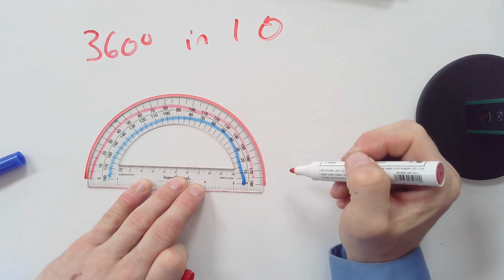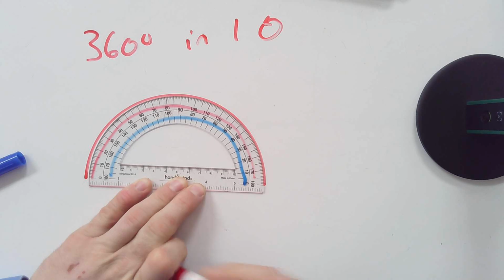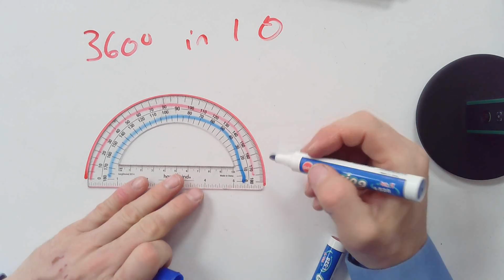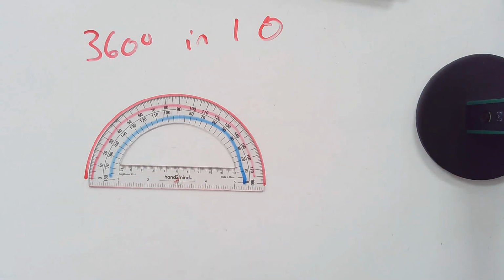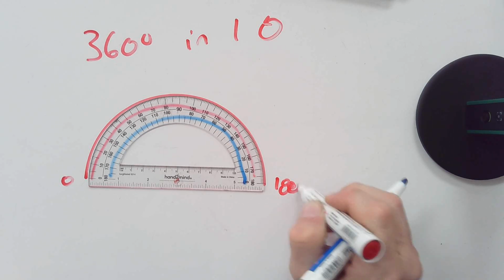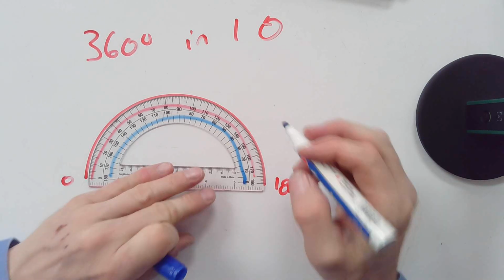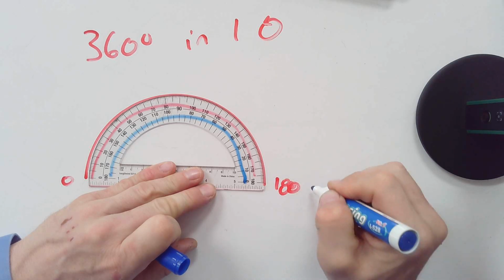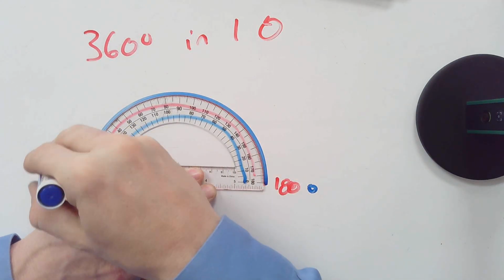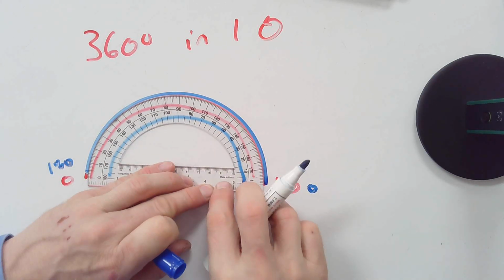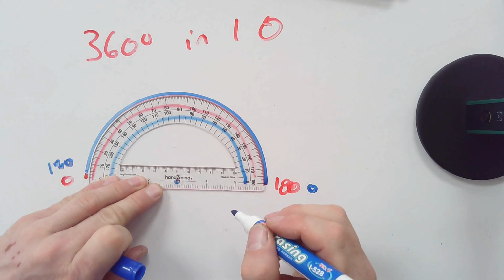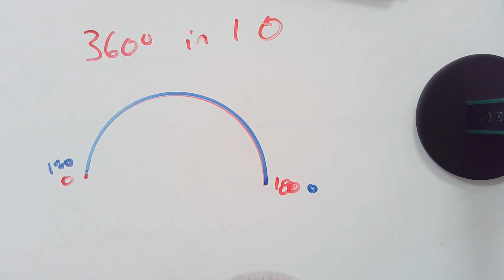On the inner scale, starting at my center point, this is 0 and I go over this way to 180. It's all a point of reference, but majorly it's right here.